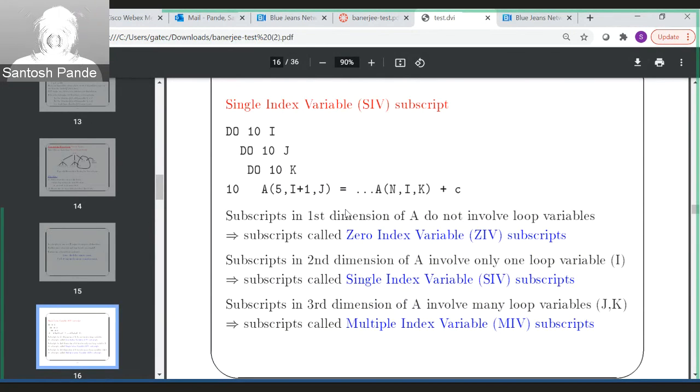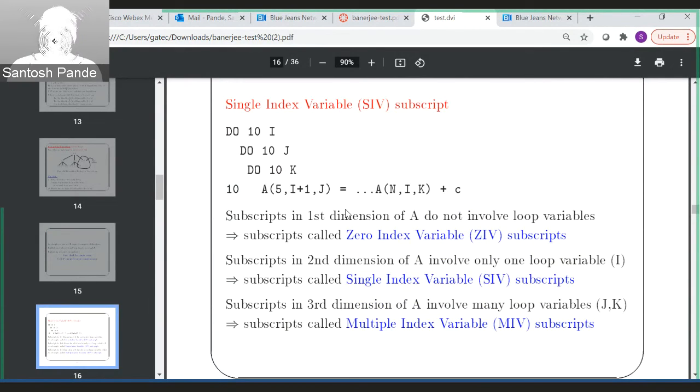Now let's look at the next set of subscripts, I plus 1 and I. So in the second case, the subscripts in the second dimension have both I in them, but are what we call single index variable subscripts. That means they both are coming from I, and we should be able to do some interesting testing based on that.